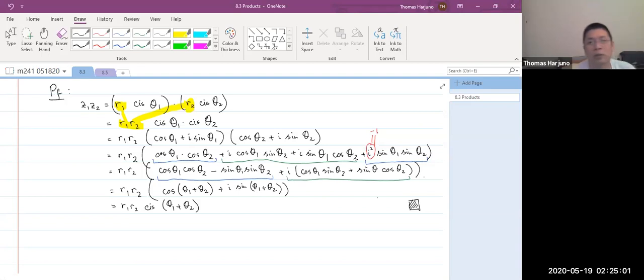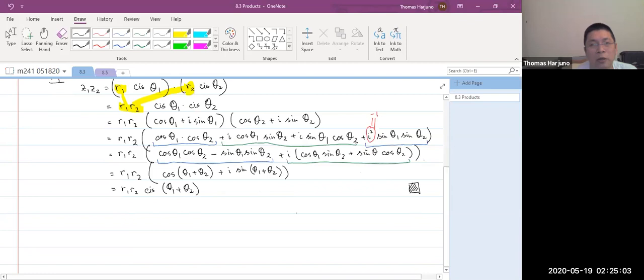So, an easy example, the easy one first. Suppose that we want to find C1 equals 4 cis 70 degrees, and Z2, the second complex number, is let's say 5 cis 50 degrees.